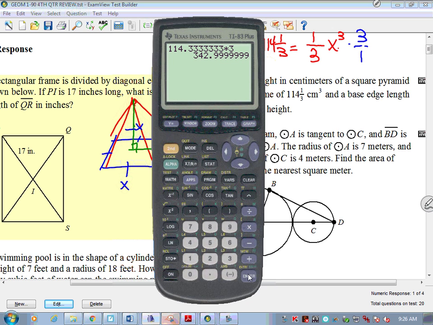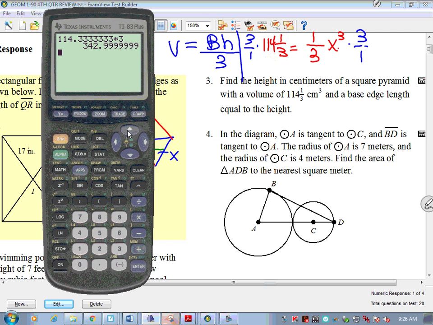Is that the same as 1/3? No, it's not. We want to be as exact as we possibly can, which means I'm going to do 114 plus 1 divided by 3, okay, times 3. Gives me a solid 343.